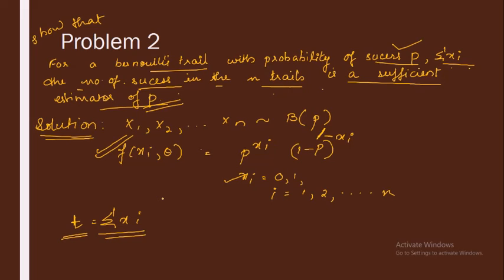Now, in order to find the sufficiency, first we have to find the likelihood. How do you represent likelihood? L of x1, x2, etc., xn, comma, the parameter.